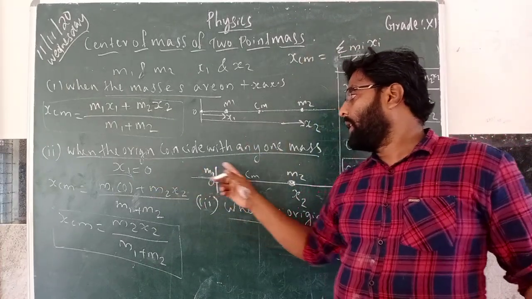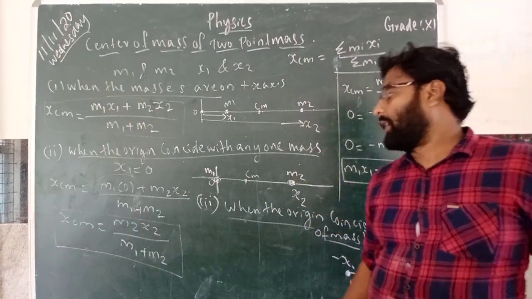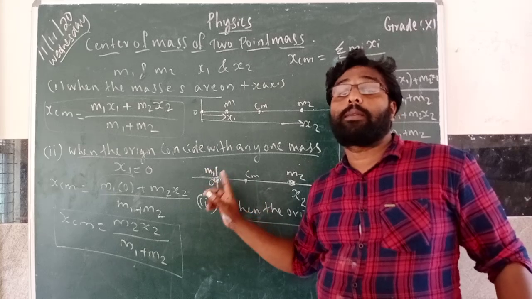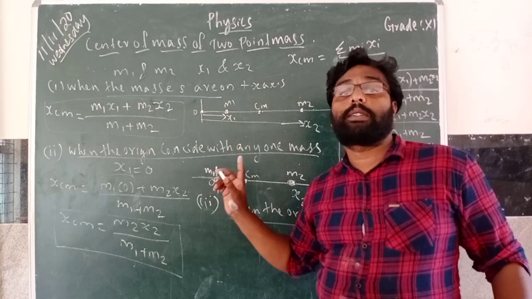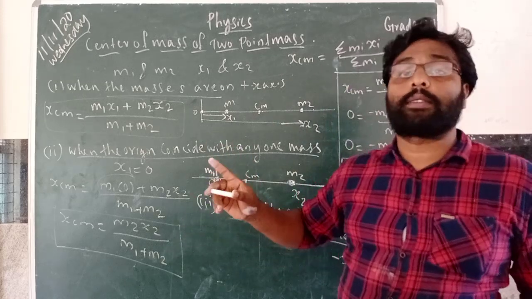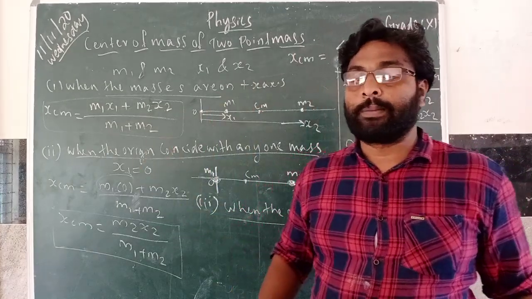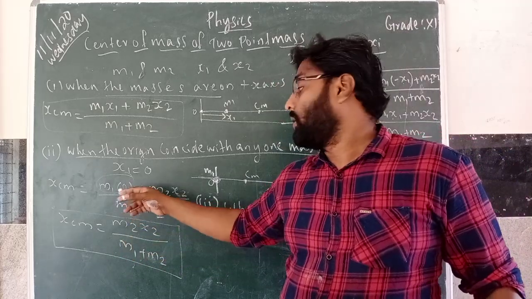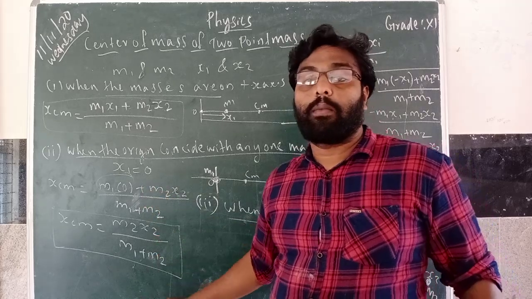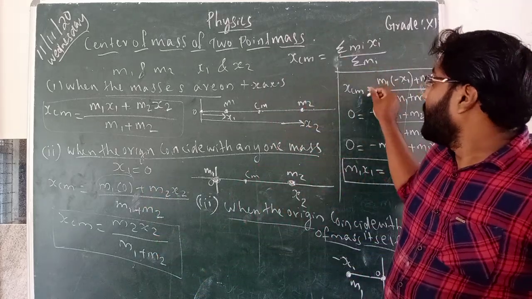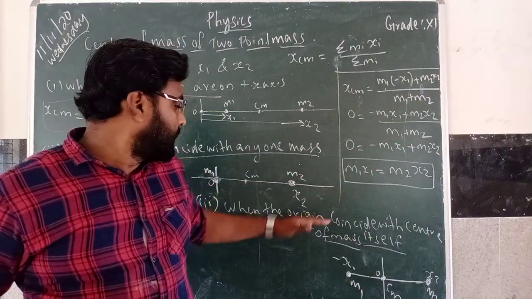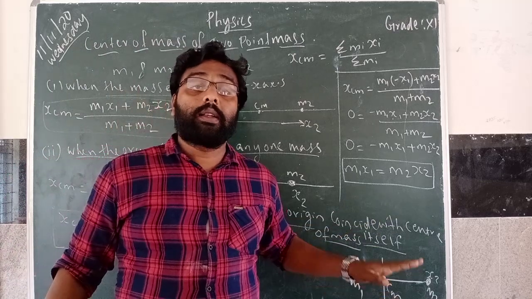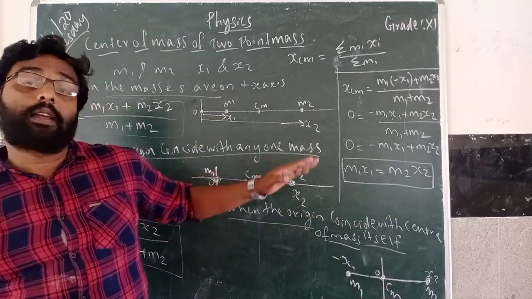Remember that. Then origin coincides with any one mass. Origin coincides with any one mass means that mass is kept at that position x1 and that x1 is on 0 origin. So x1 is 0. So m1 into x1, m1 into 0, that will cancel. So m2 x2 by m1 plus m2. The last case is when the origin coincides with the center of mass itself.